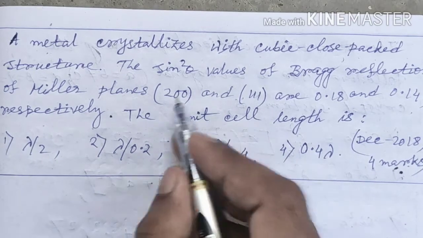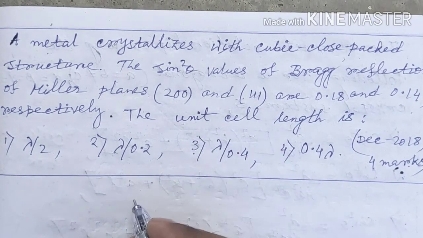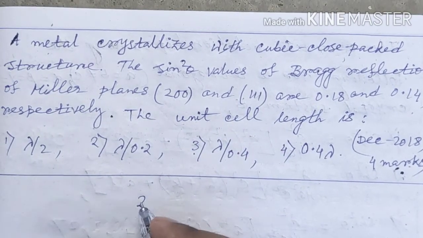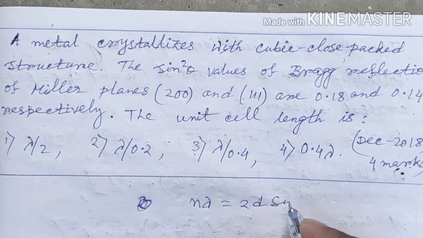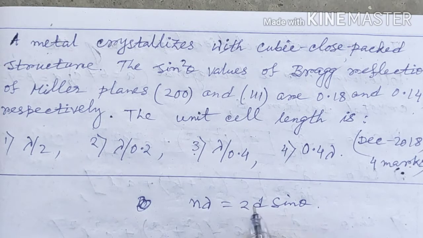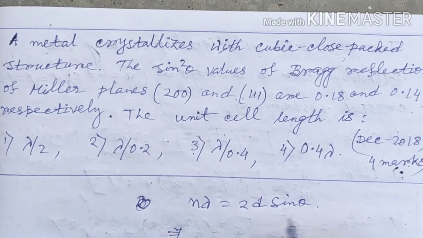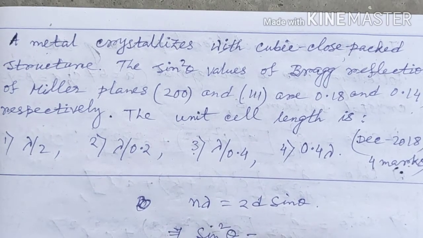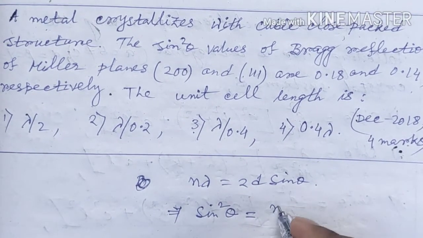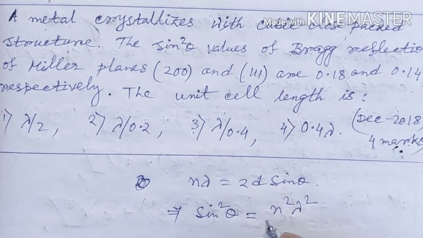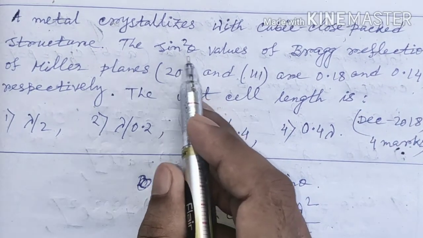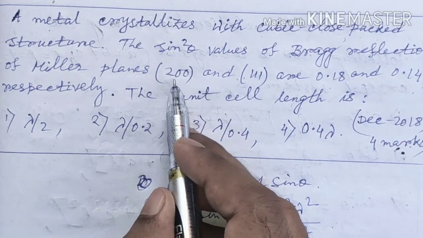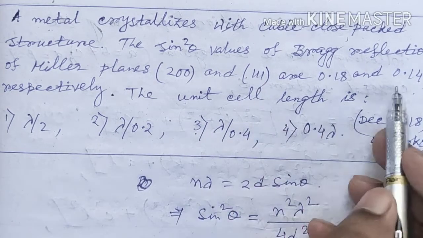To solve this question, we have to use the Bragg formula, that is n lambda is equal to 2d sin theta, and from this equation we can find the value of sine square theta. The values of sine square theta for the two planes, 200 and 111, are given like this.